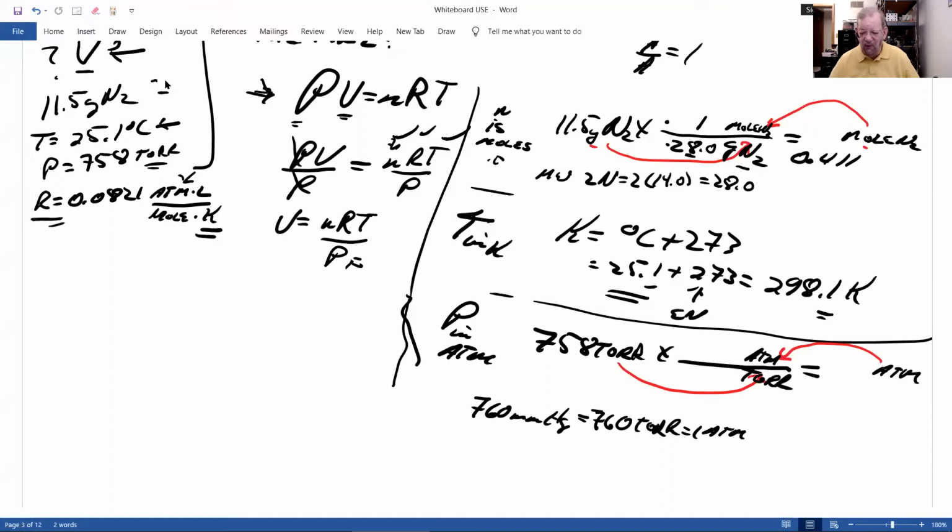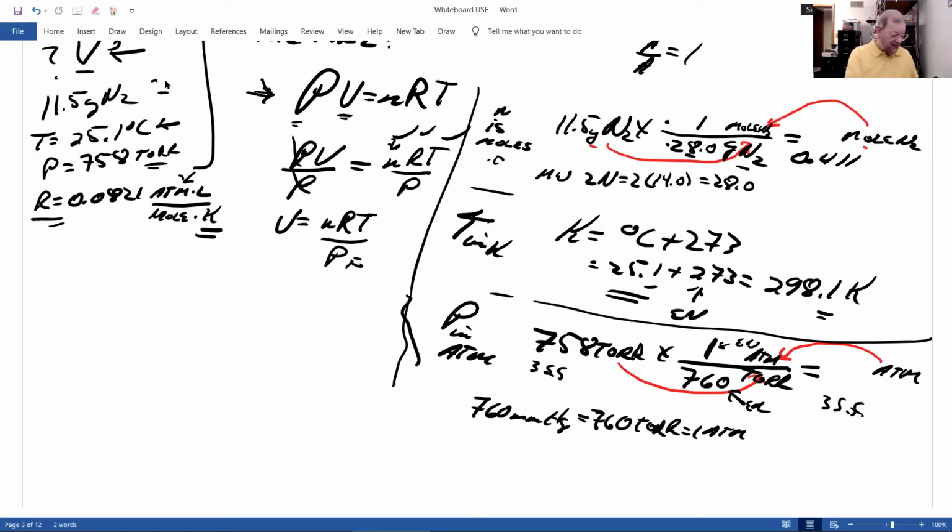So for every 1 atmosphere, there's 760 torr. Now, both of these are part of a definition, so these are exact numbers. And therefore, this is 3 significant figures. My answer should be 3 significant figures.